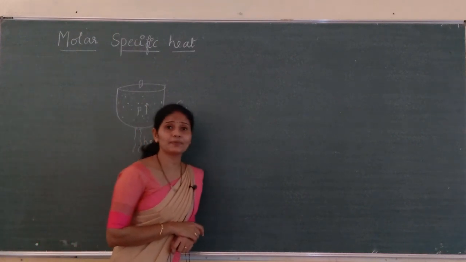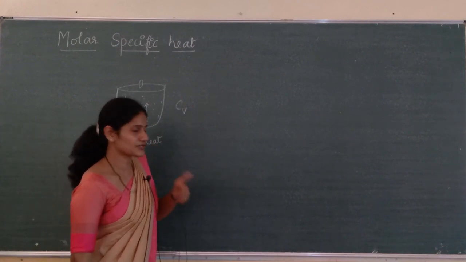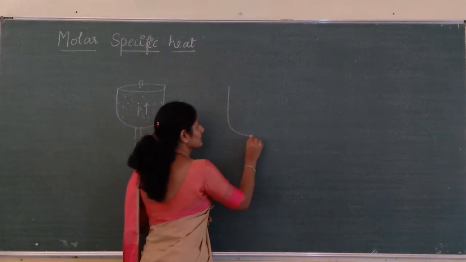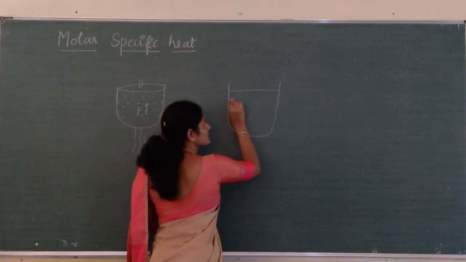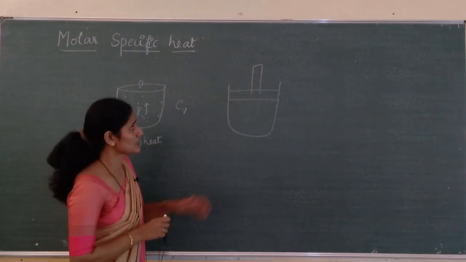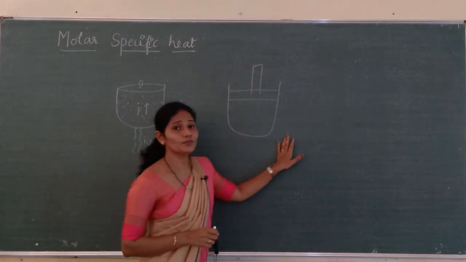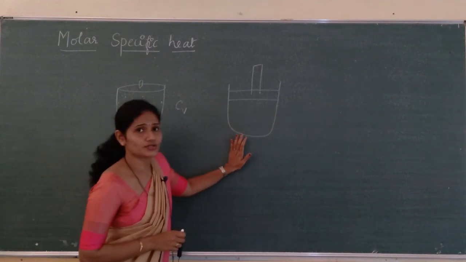Now, what is Cp? It is nothing but the molar specific heat capacity at constant pressure. For that, what we have to do? We have to consider a system with a movable piston, because in this case the volume is not fixed. Volume changes, what remains constant?